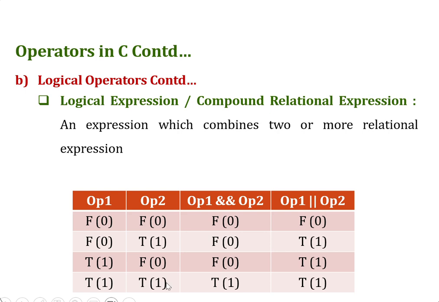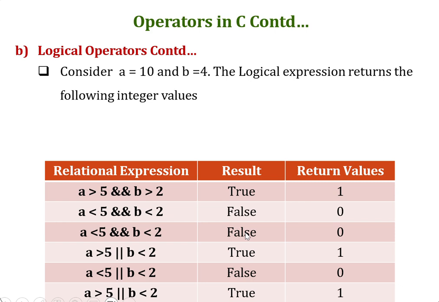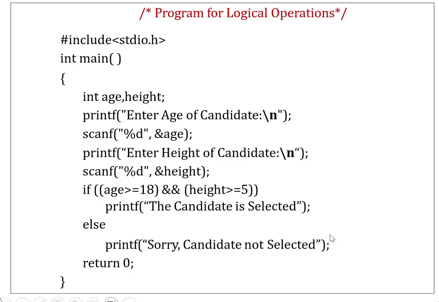This is how a logical operator will work. If you want to check with other statements, if you take A less than 5 and B less than 2, both are 0, right? Because this is false and this is also false, which is going to give you a return value of false. So this is the program for logical operator.